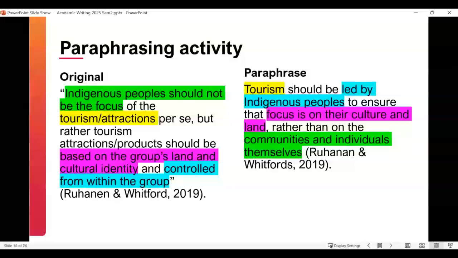Paraphrasing really needs to be done by you. The curtain version of Grammarly, which you're allowed to use, doesn't paraphrase for you. So not a good idea. Paraphrasing needs to be you, because it needs to be your words. If you use ChatGPT to paraphrase, that is just cheating. So please don't.